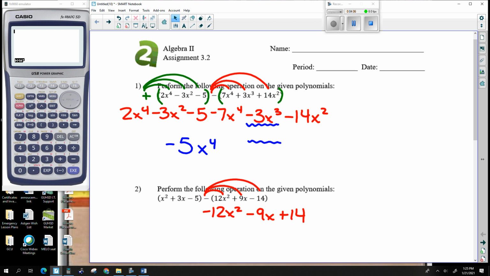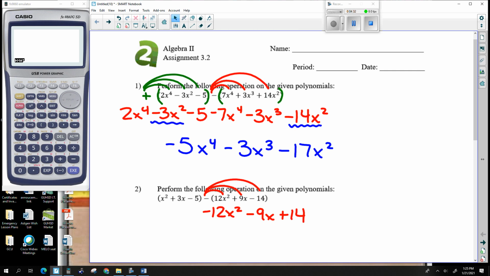So x to the thirds only deal with x to the thirds, and there's only one x to the third, so it is what it is, negative 3x to the third. Then I have an x squared and another x squared. So x squareds deal with x squareds. So that's negative 3 and negative 14, so that's negative 17.